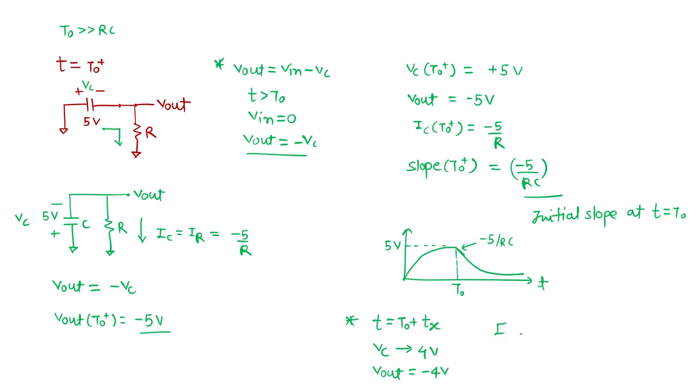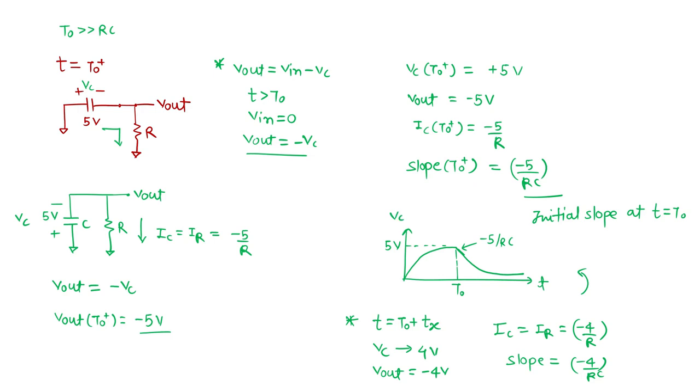What is the current at this instant, IC or IR? Current is minus 4 by R. So the slope of capacitor voltage is minus 4 by RC. We can see the slope is decreasing, which simply means the discharging is happening like the diagram I have drawn on the top. So with this nature, this is the capacitor voltage.